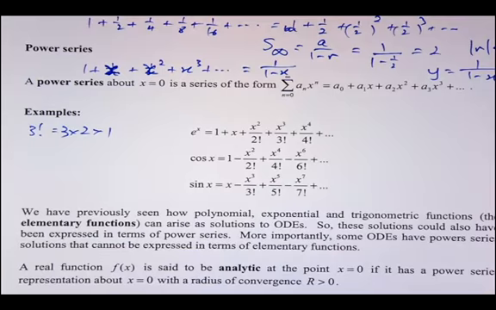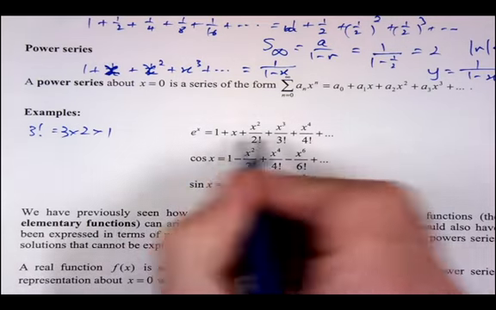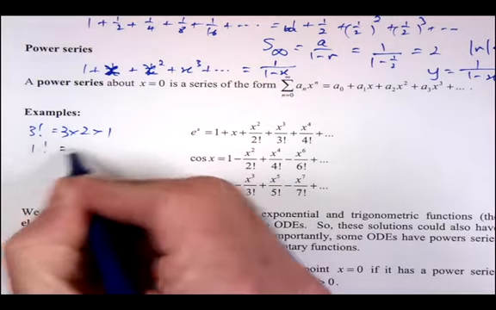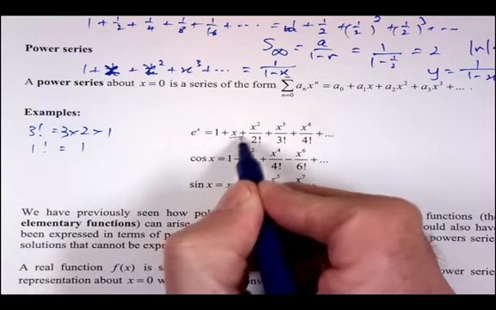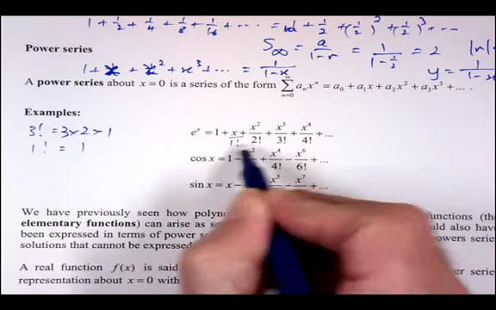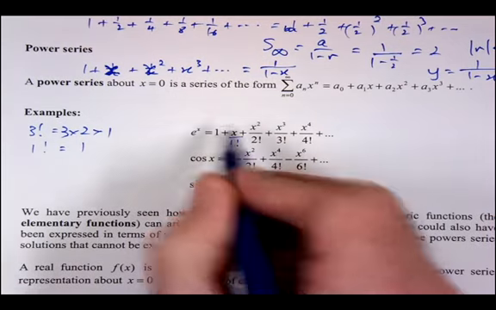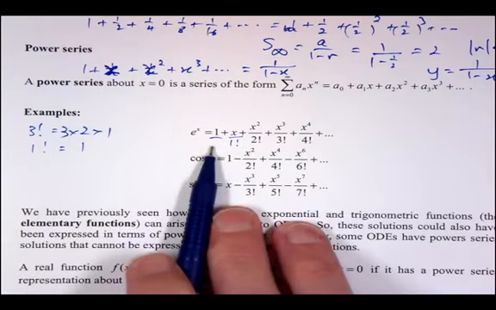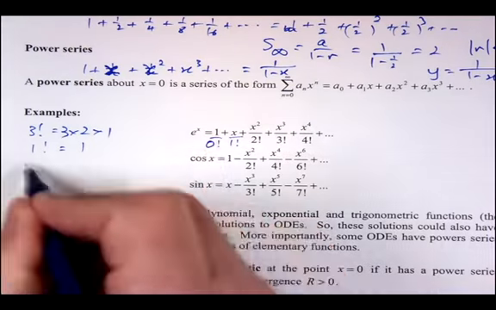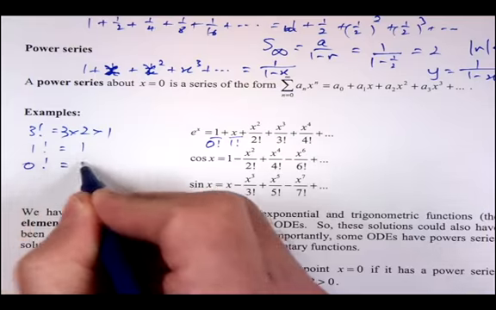And 1 factorial would just be 1. So in fact, we could extend this a little bit. They extend the pattern coming back. And if we wanted to extend that pattern coming back even further, what would I have to write there? Okay, 0 factorial. And it turns out that a good value for 0 factorial is also 1.